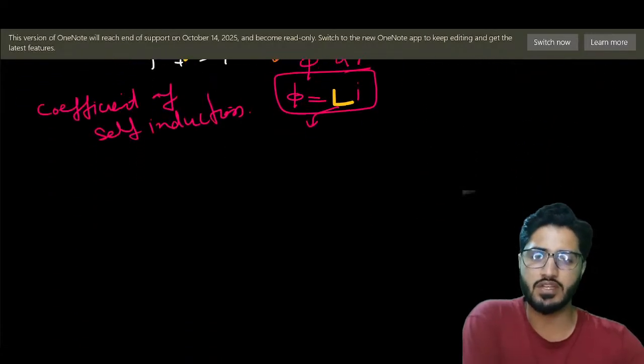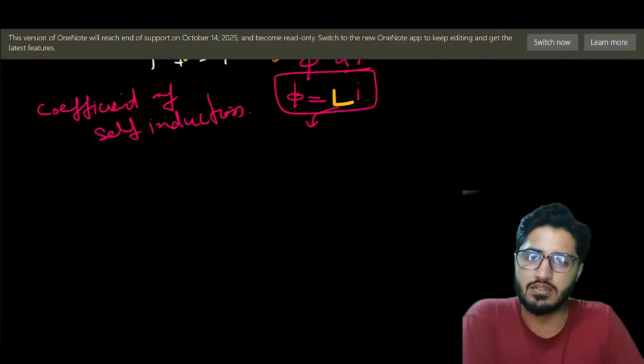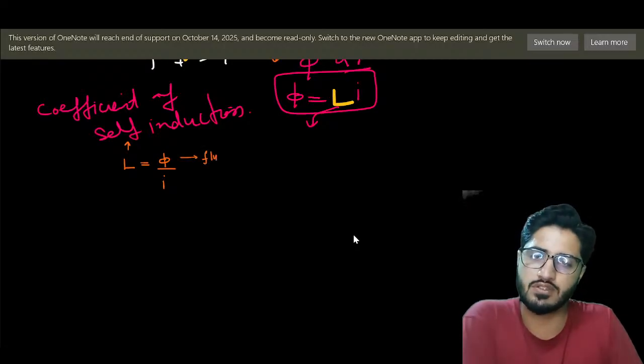Yesterday we concluded that L equals phi divided by I. L is the coefficient of self-induction, phi is flux, I is current.